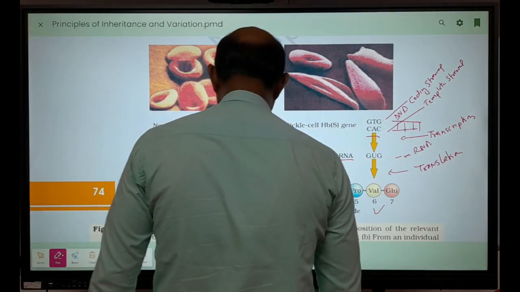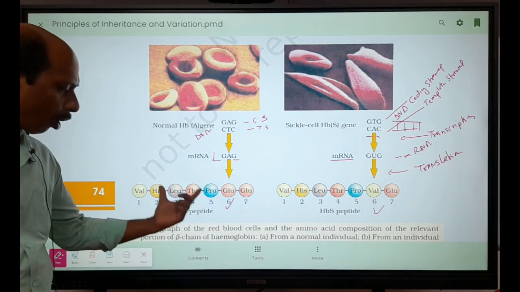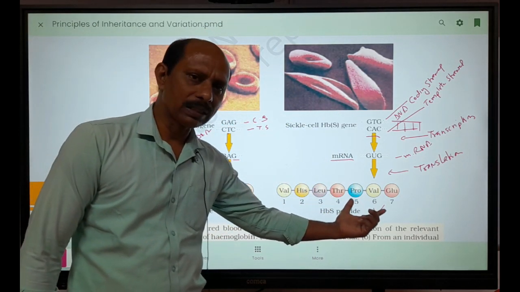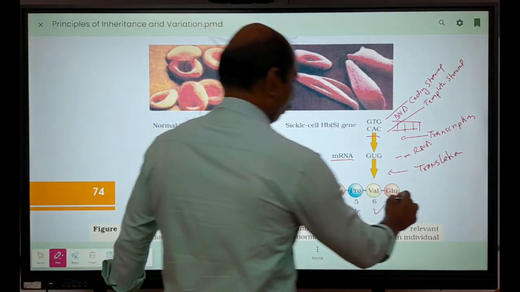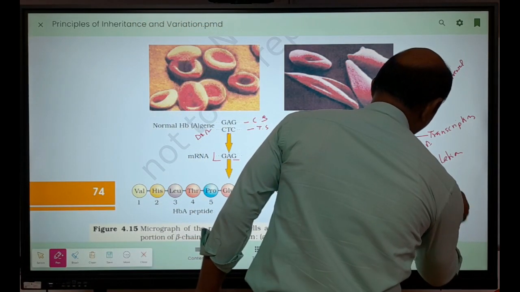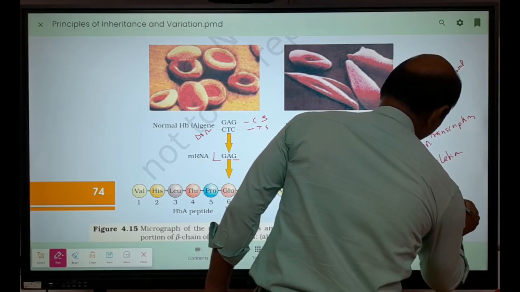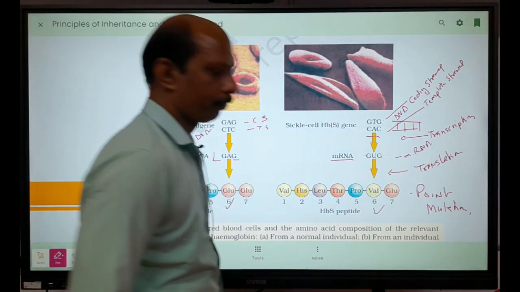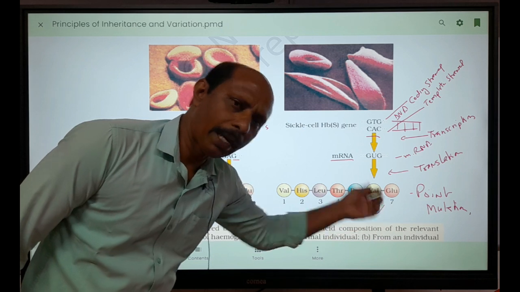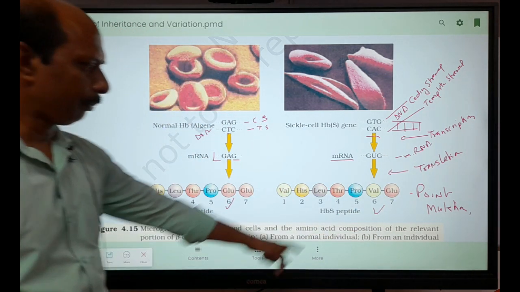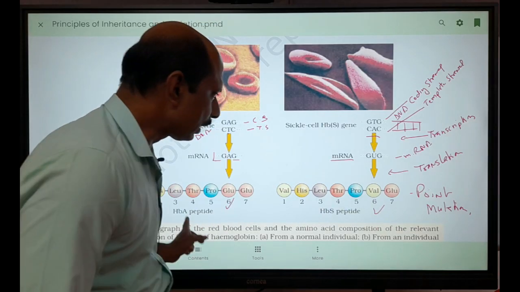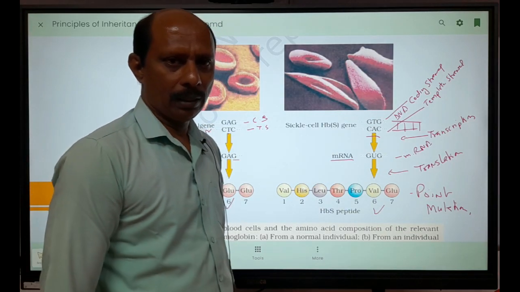So that is HbA, the normal peptide, and that is HbS. This is called a point mutation. It shows only a single point mutation, where the sixth amino acid is changed, or we can say the sixth genetic code is changed. Right?